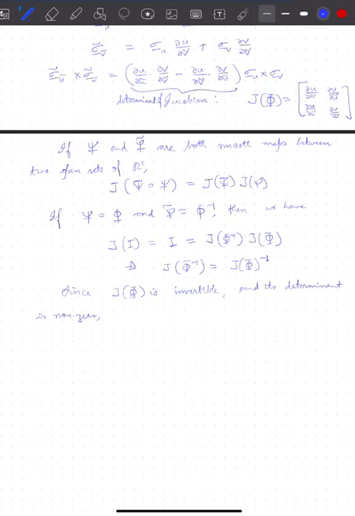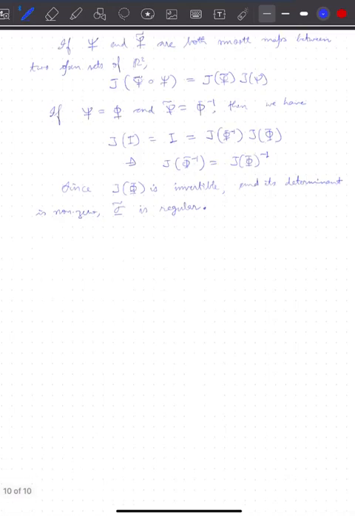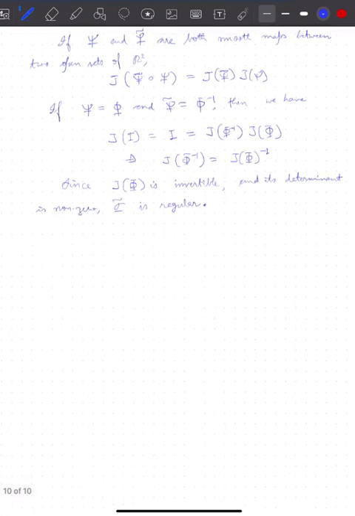So what happens is that sigma tilde is regular, right? Because sigma, as we know, is a regular surface patch already, so even this is regular, right? And so the conclusion here is about the surface patches.